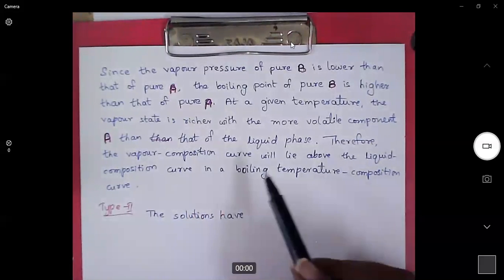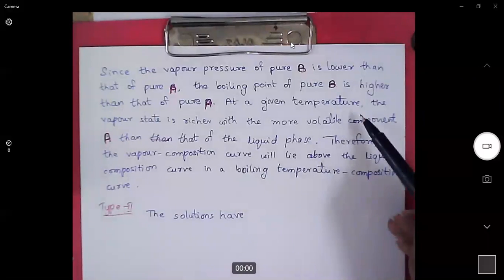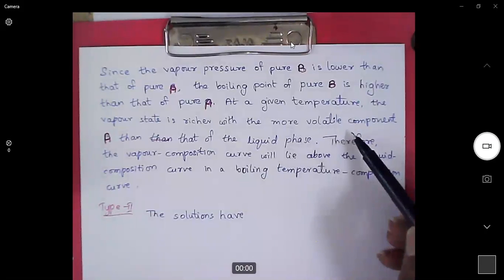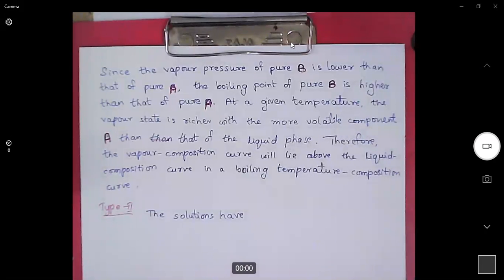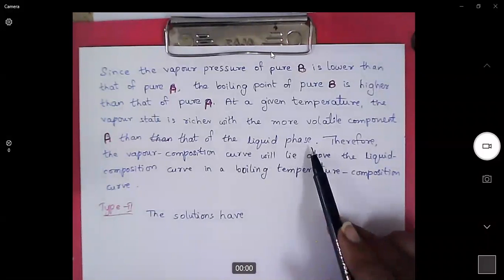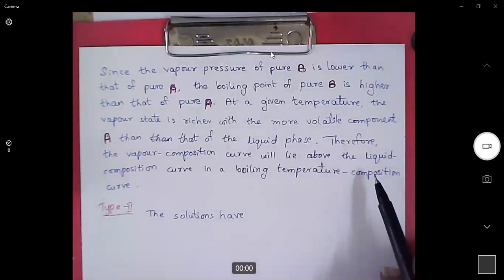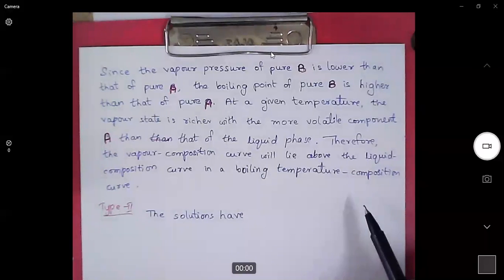Another point to note is, at a given temperature, the vapor state is richer with the more volatile component A than the liquid phase. Therefore, the vapor composition curve will lie above the liquid composition curve in a boiling temperature composition curve.